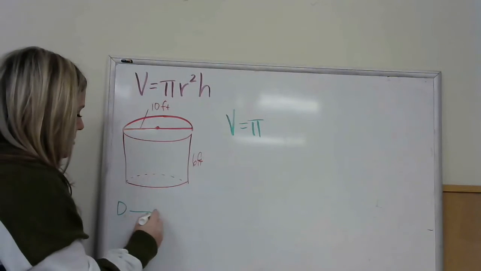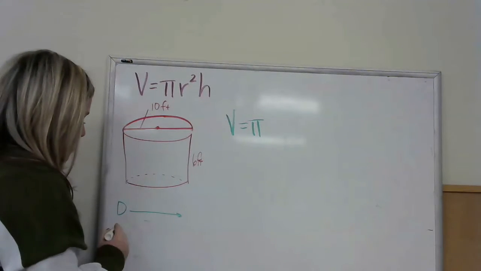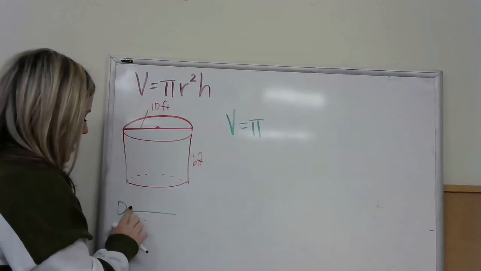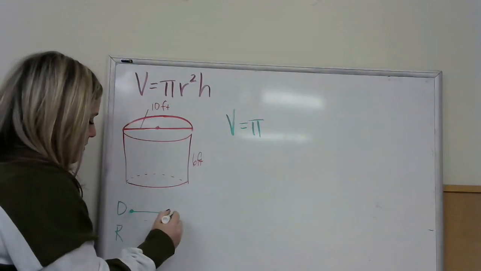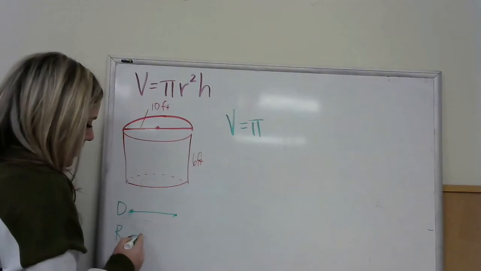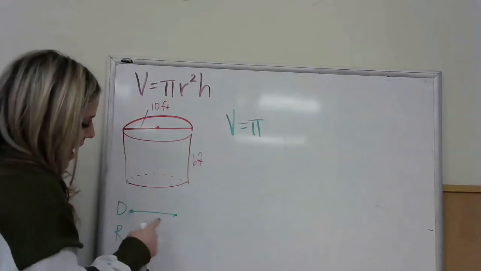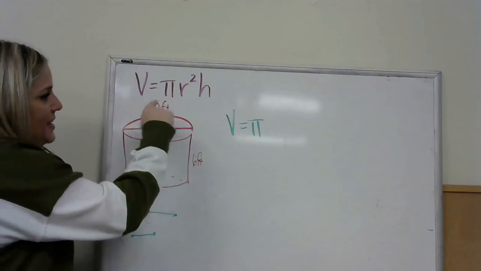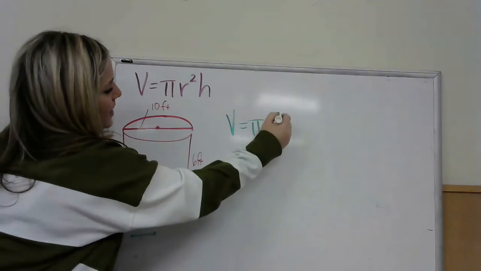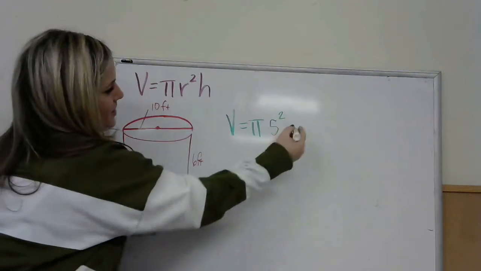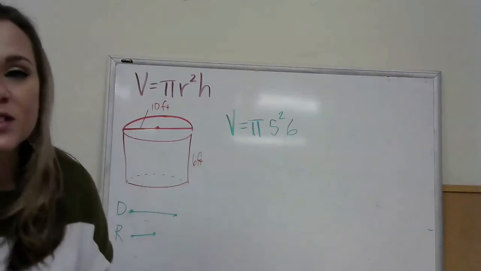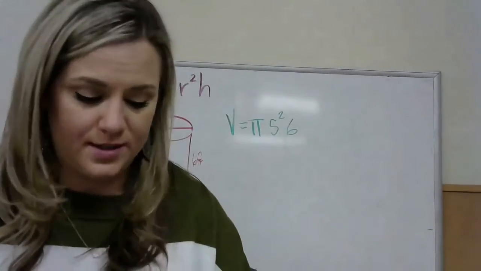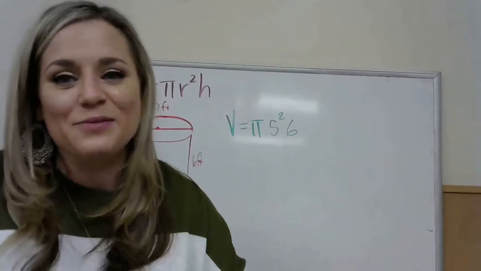Diameter is all the way across, and radius is just half of it. Since they gave me this 10, I need to do 5 squared, and then the height is 6 feet. It wants me also to round to the nearest tenth. That's easy. We can do that.